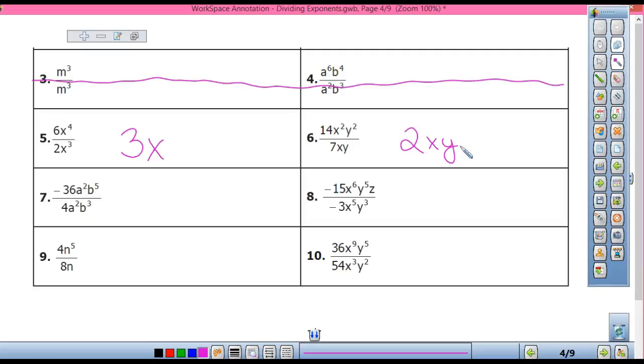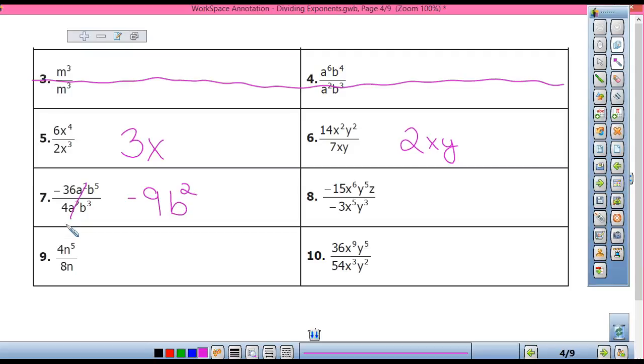Now negative 36 divided by 4? Negative 9. So here's the deal. A squared divided by a squared is 1. Do I have to put that down anywhere? No. Then my b's, I get b to the second. Negative 9 b to the second, because my a squareds cancel out.